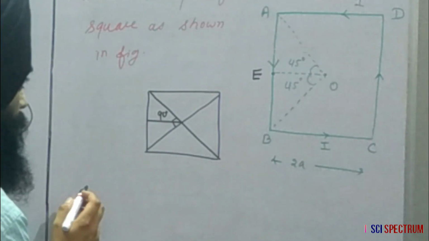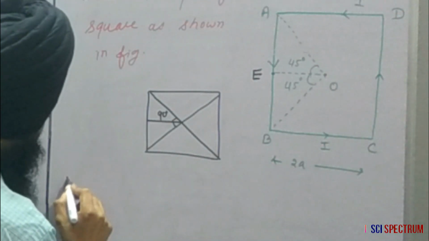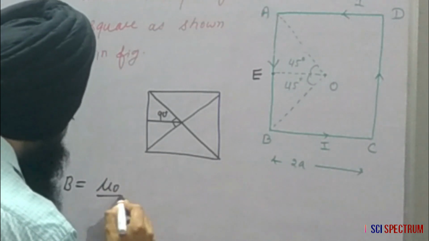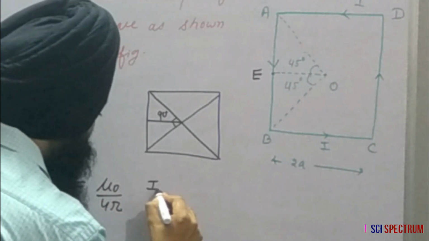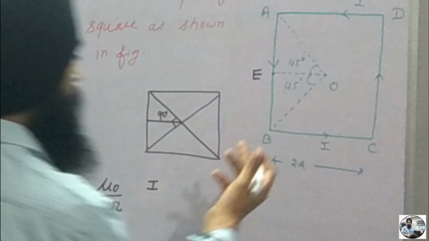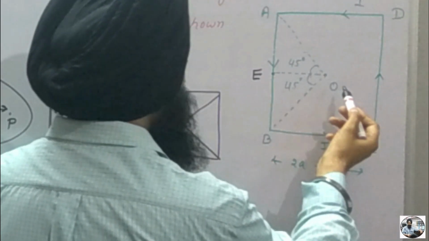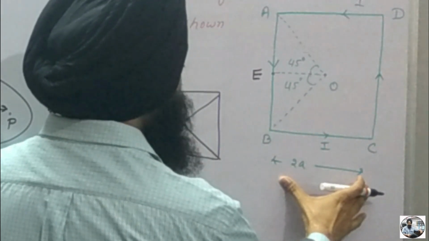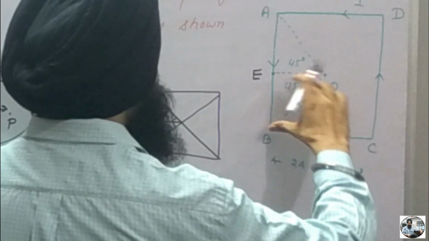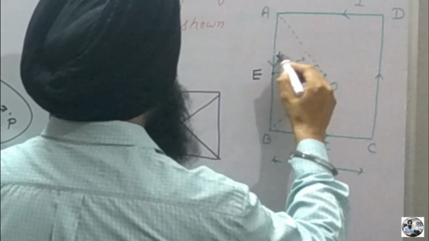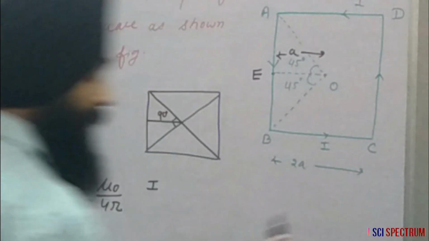Now, if I apply the value of the magnetic field, mu naught upon 4 pi, I upon a, where a is the distance between point E and O. Here, the side of the square is 2a. This portion is a and this portion is also a, as the property of a square.